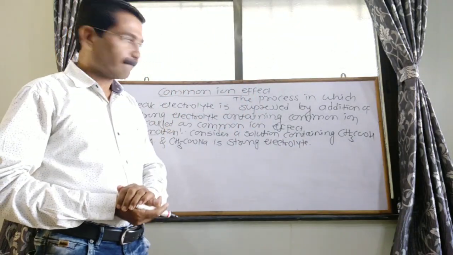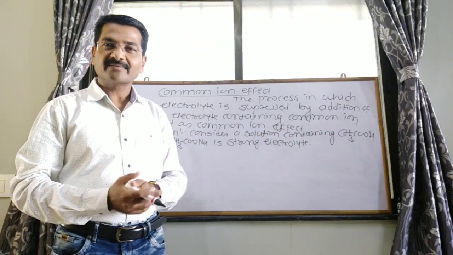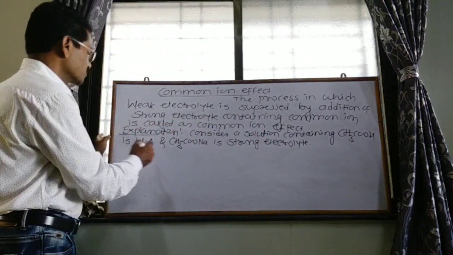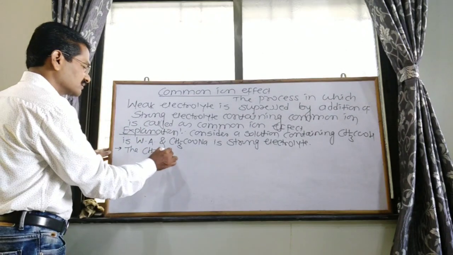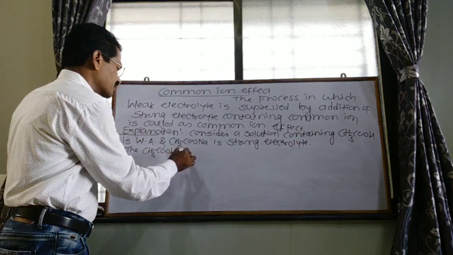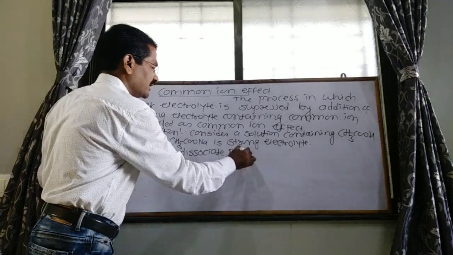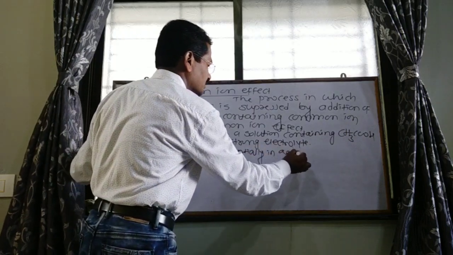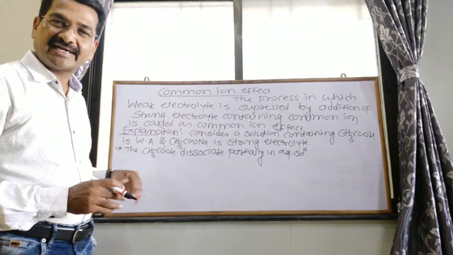In this solution, the weak electrolyte acetic acid dissociates partially because it is weak, while the sodium acetate dissociates completely. The acetic acid, a weak acid, dissociates partially in aqueous solution, that is, small in extent.